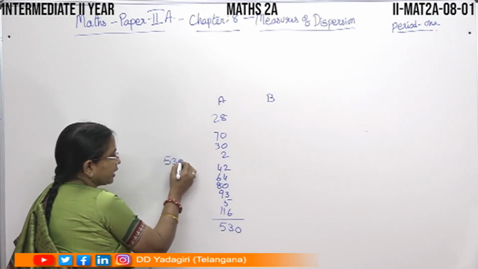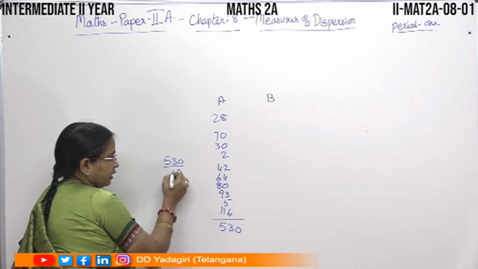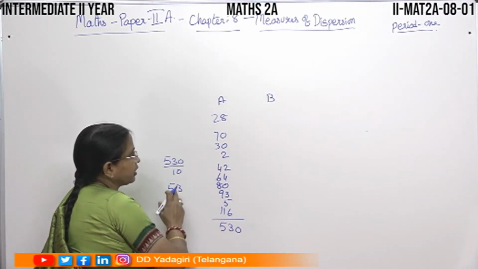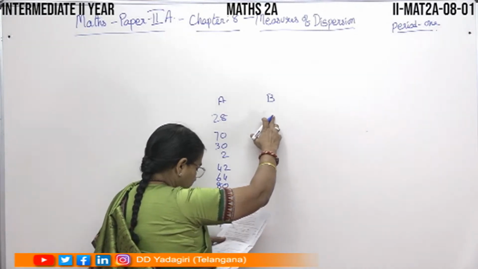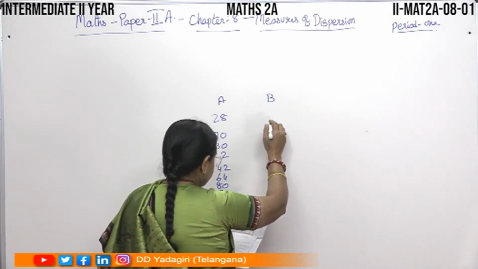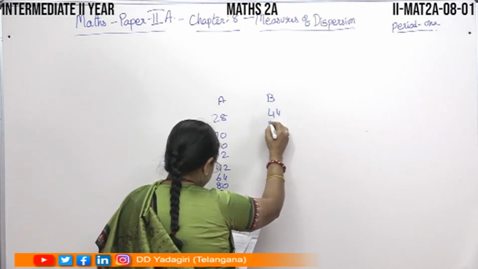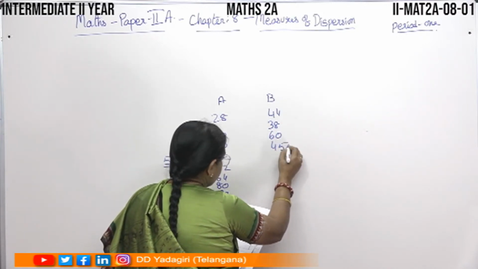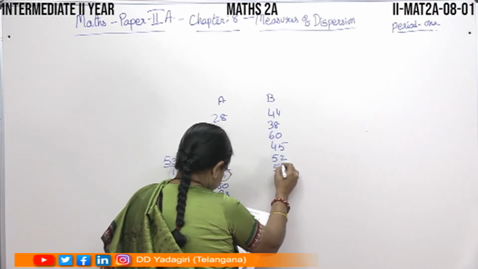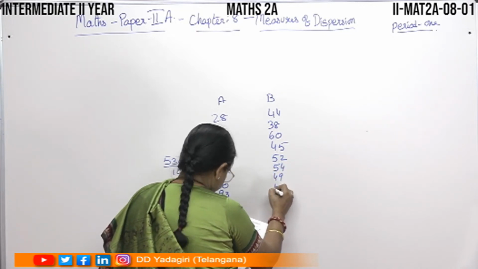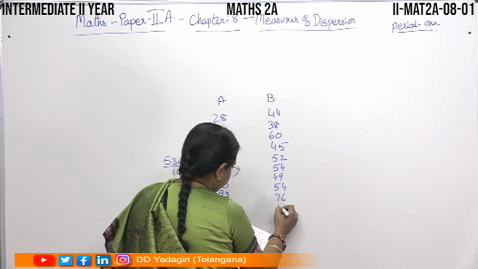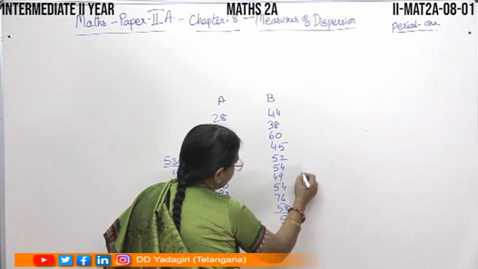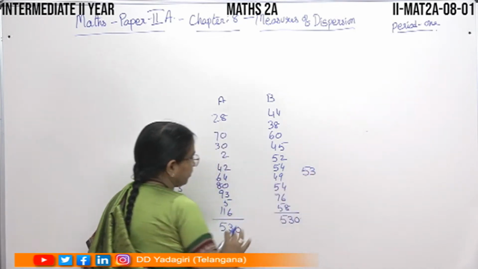So 530 by 10 becomes 53. So the mean of this raw data is 53. Now the scores run by another batsman B are given like this: 44, 38, 60, 45, 52, 54, 49, 54, 76, 58. Now, when you add them, this is also 530 and the mean for this is also 53.